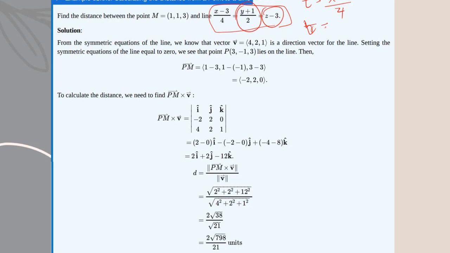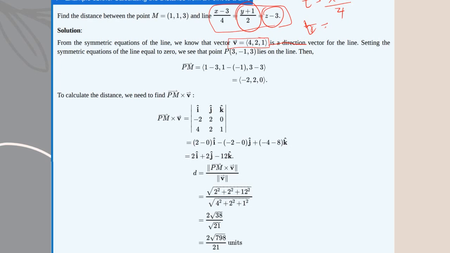Now, let's get the vector from here. In symmetric form, we know that the vector is 4, 2, and 1. That is the direction of our vector.